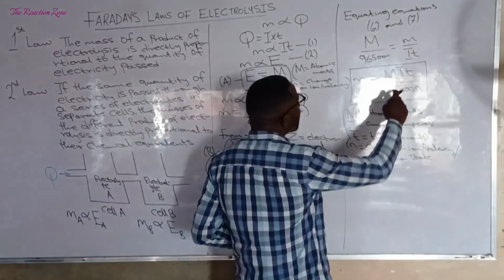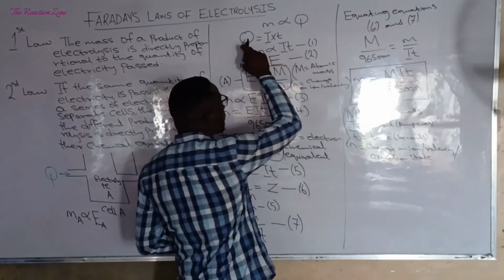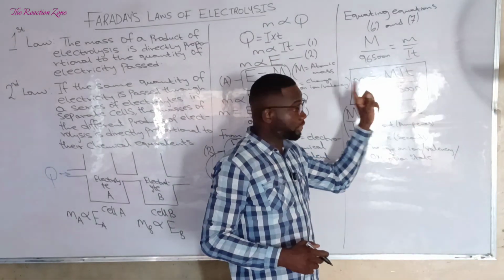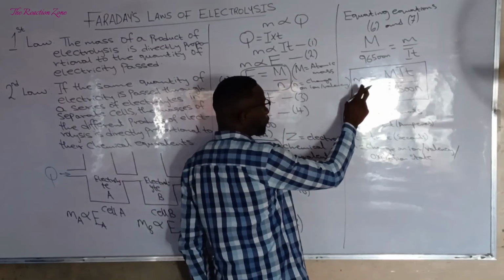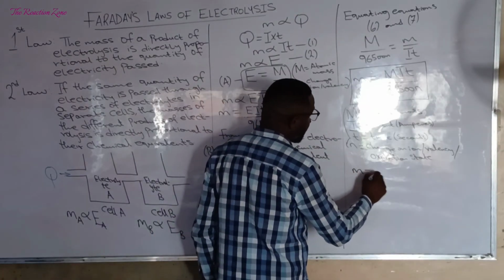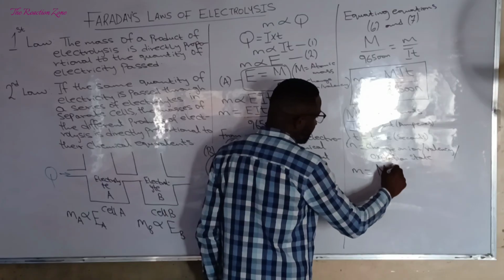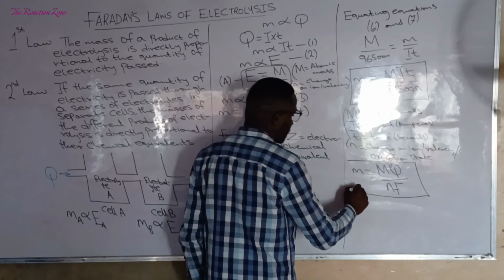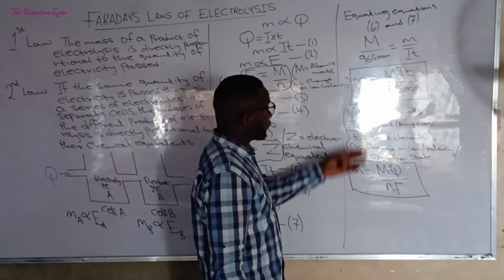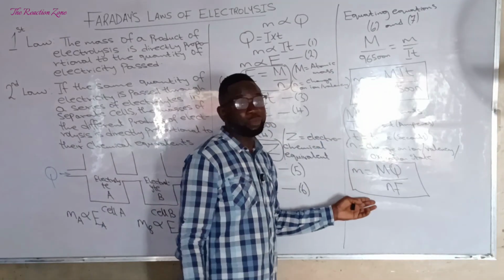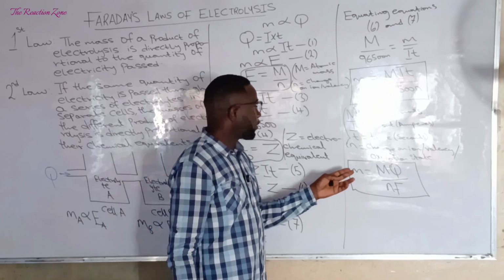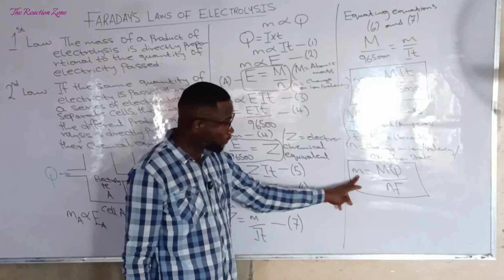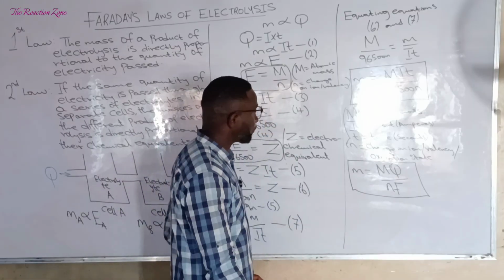So, if I replace IT with capital Q, and I replace 96,500 with 1 Faraday, it means that this equation here will become m is equal to MQ over NF. So, with these expressions, you can actually find the mass of substance deposited, which is represented by small letter m, if all these other parameters are known.